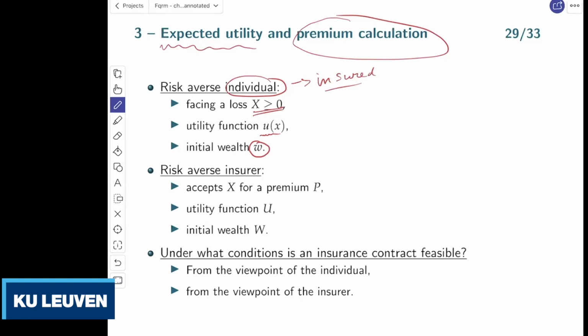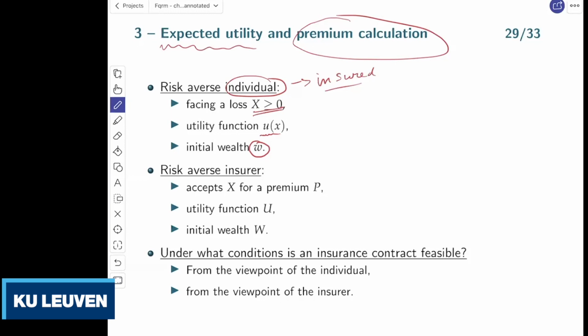Of course, you can make variations on this situation where you say, should I insure, say, 50% of my loss or should I insure everything? That's more or less the same problem, slightly more complicated, and you can do that yourself. But we are looking at the situation where the insured has to decide, I take insurance, full coverage, or no coverage at all. And what is the optimal, the best choice? It's the one that gives you the highest expected utility. So that's the viewpoint of the individual.